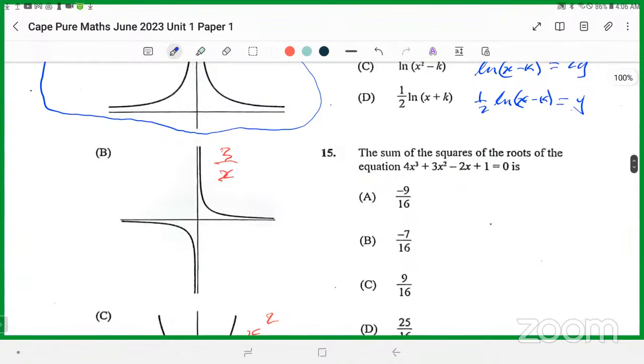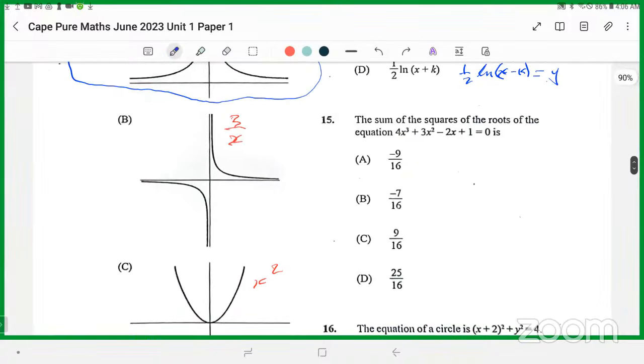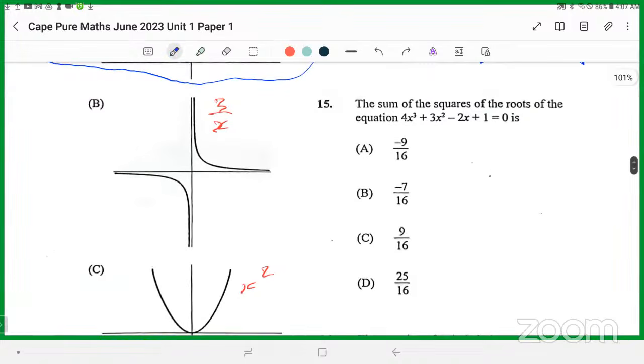Next one, sum of the squares of the roots. They're basically talking about the sum of the squares: alpha squared plus beta squared plus lambda squared. What is that equal to?